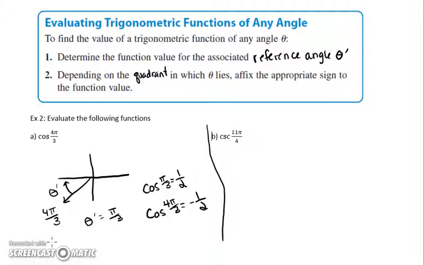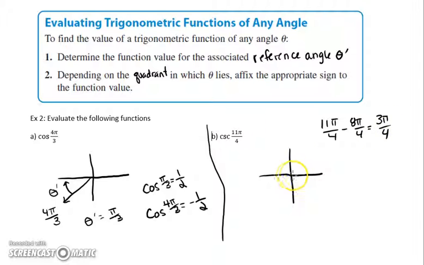So if we're going to look at this one here, cosecant of 11 pi over 4. First, we're going to want to think about where 11 pi over 4 is. So we know that these things have a period of 2 pi. So 2 pi is going to be 8 pi over 4. So 11 pi over 4 minus 8 pi over 4 is going to equal 3 pi over 4.